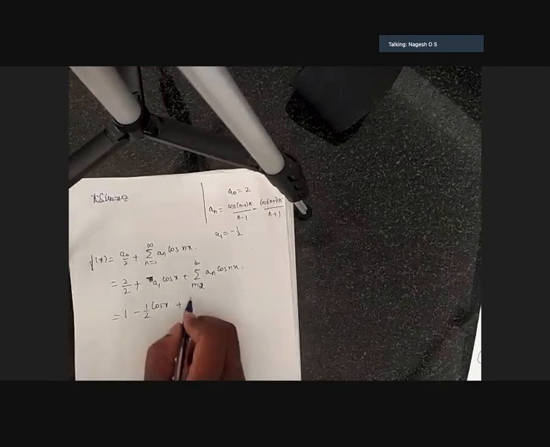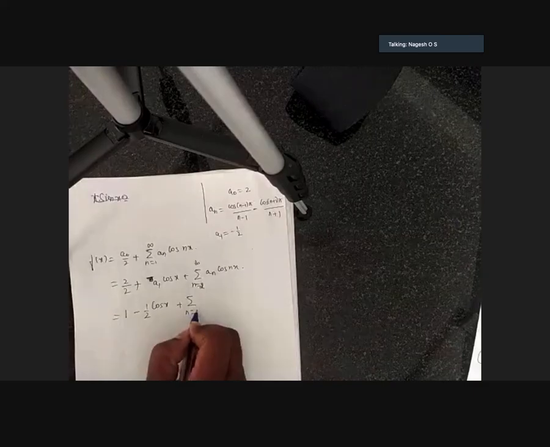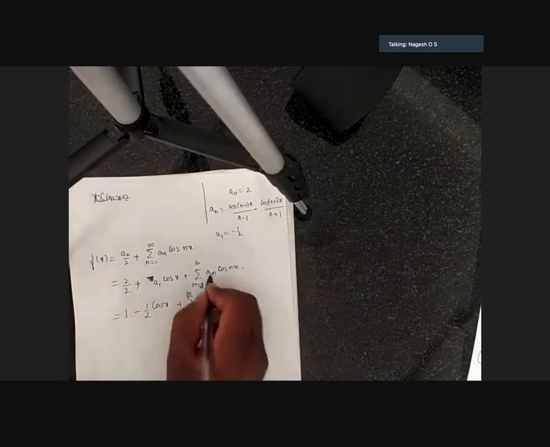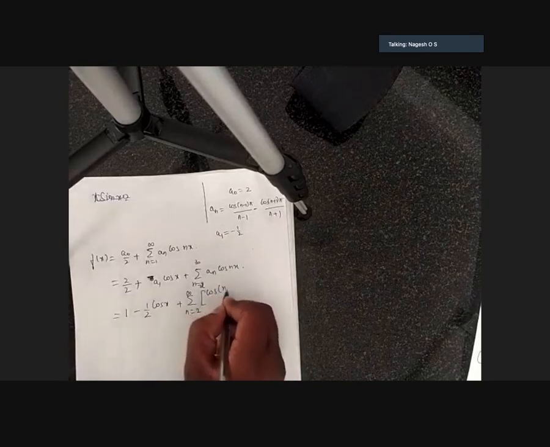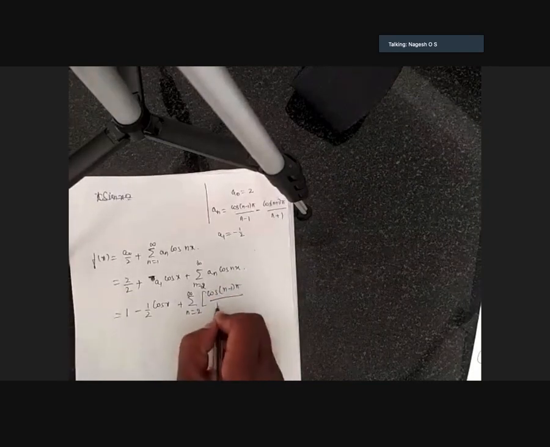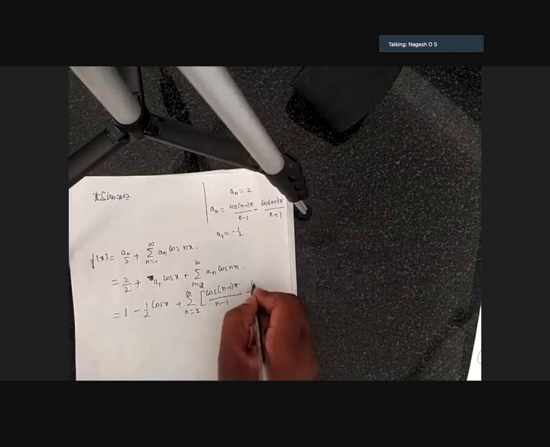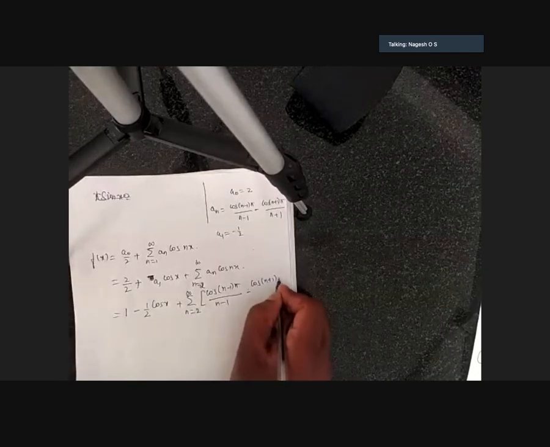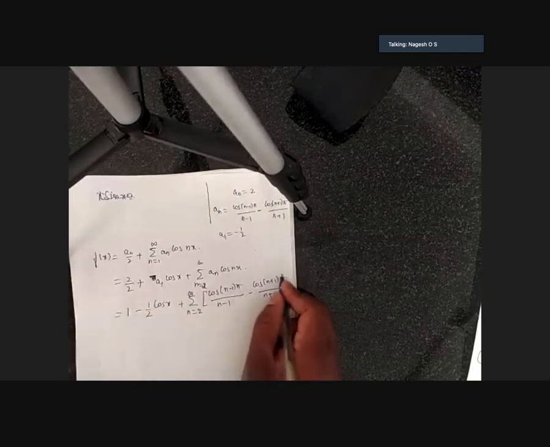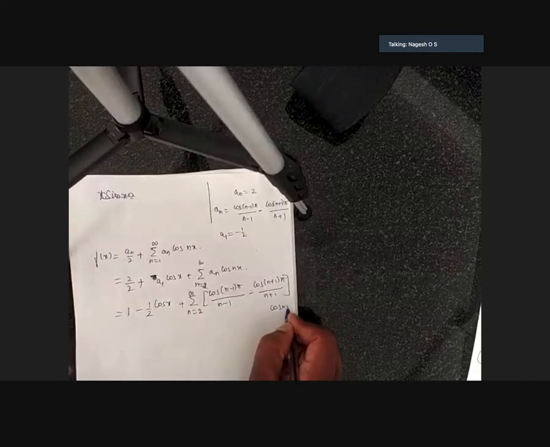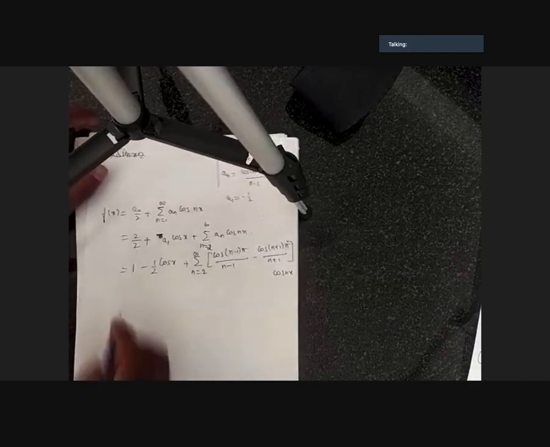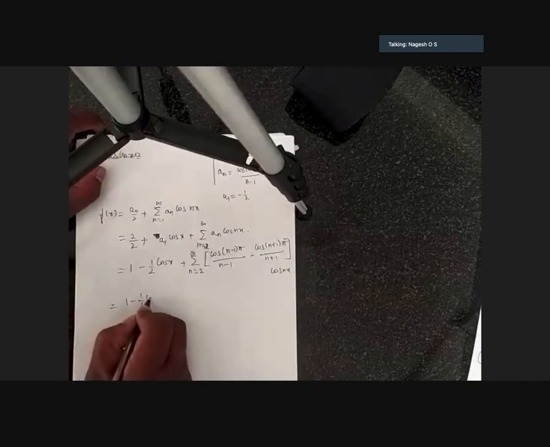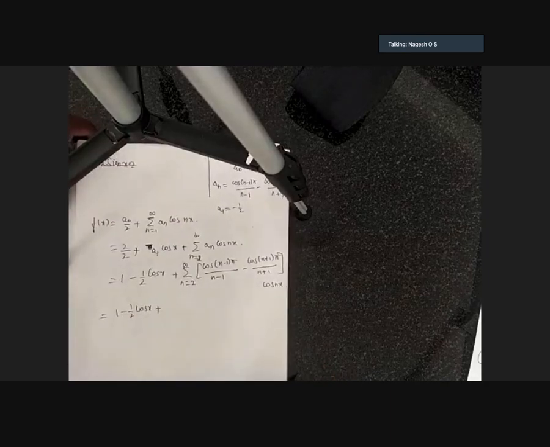This will be summation n equal to 2 to infinity an, which is cos (n minus 1) pi by (n minus 1) minus cos (n plus 1) pi by (n plus 1) cos nx. Now 1 minus 1 by 2 cos x plus, give value n equal to 2.